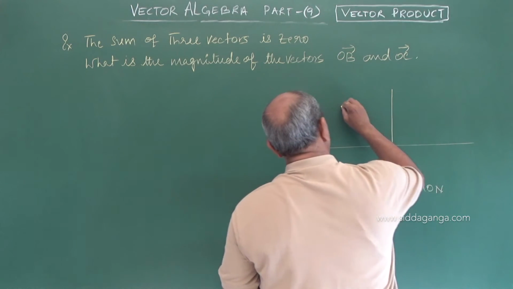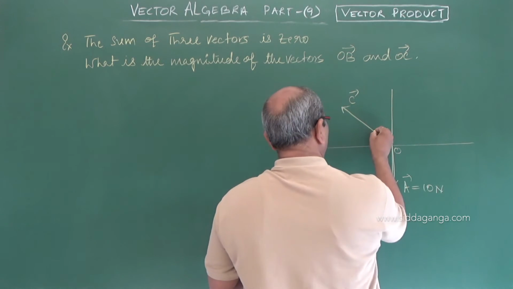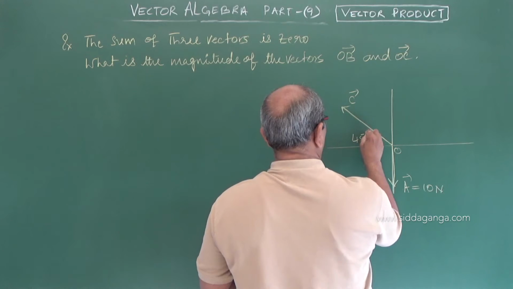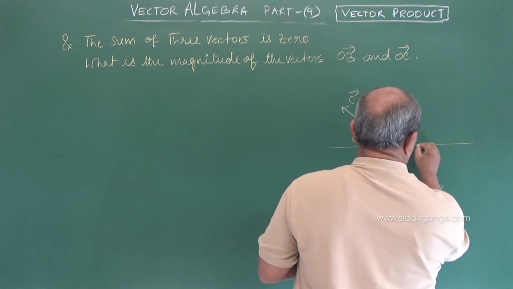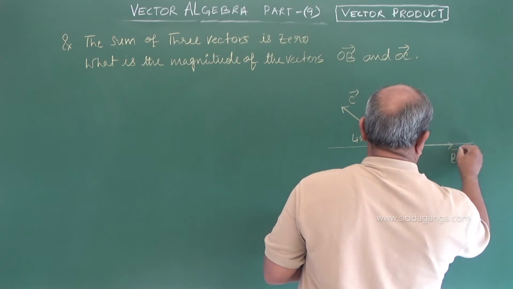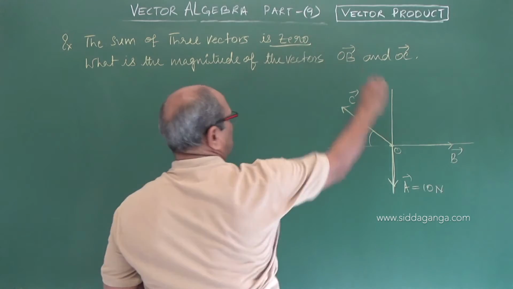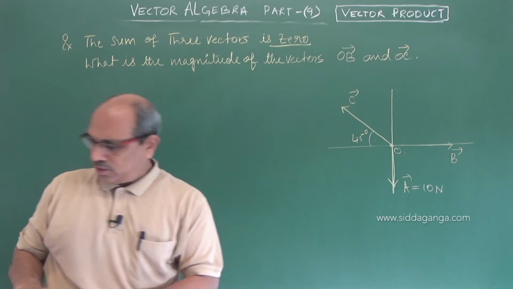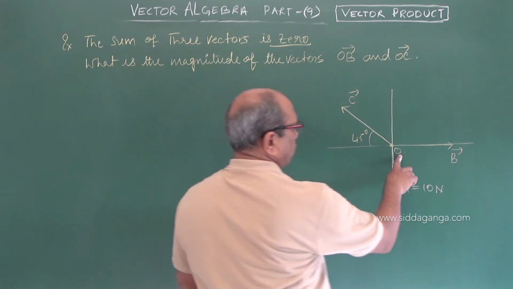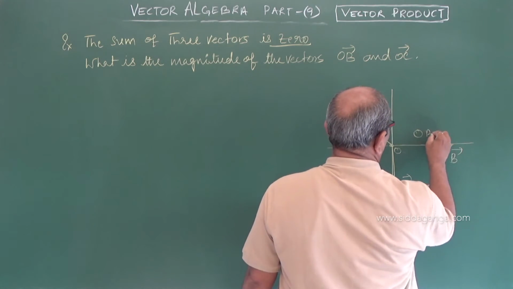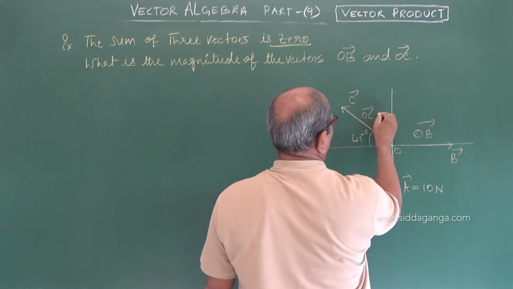And there is the vector OC making 45 degrees, and another vector is B. It is in equilibrium; 0 means they are in equilibrium. You have to find vector OB and also vector OC.